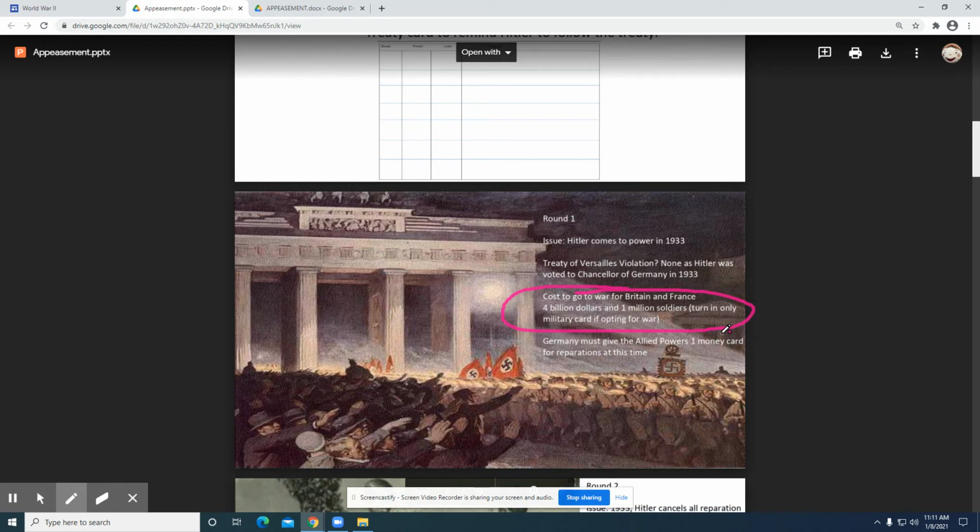Now, for each round, let's just say in round 1, you decided to go to war. So you have $4 billion and you have 1 million soldiers dead. If in round 2, you continue that war, because round 2, the issue is going to change. I'm not going to go to that slide because I don't want to take away the element of surprise here. But let's just say whatever the issue is in round 2, if you are already in war from round 1, there's going to be another issue.